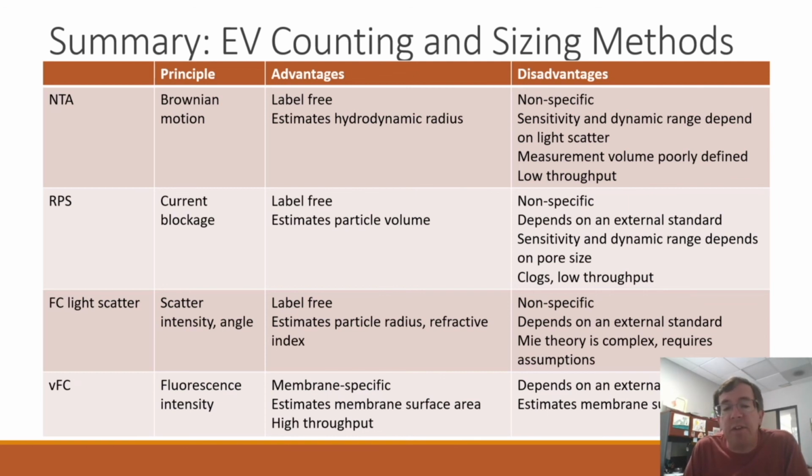VFC has the advantage of being membrane specific, a way to measure surface area, and it's formulated for high throughput analysis. Again, it depends on this external standard, which relies on those orthogonal methods, which have their own limitations.